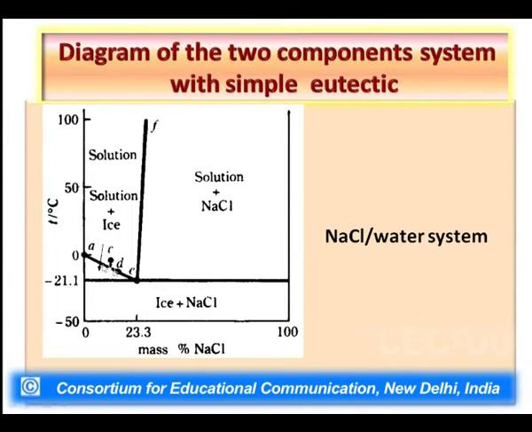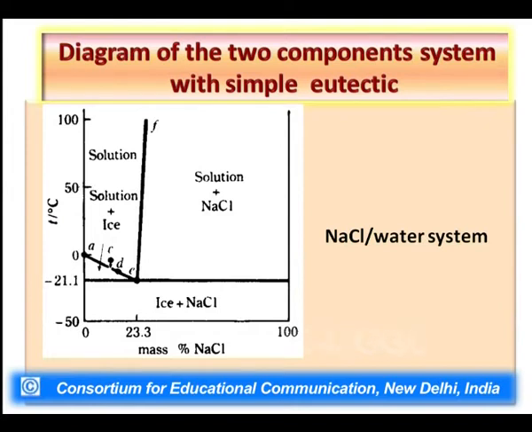So, it is very clear that when sodium chloride is added to ice, it may result at some 23.3 mass percent of sodium chloride, that is, for every 100 gram of the mixture, if 23.3 gram is sodium chloride and the rest is water, that is to say 75.7 mass percent of water.